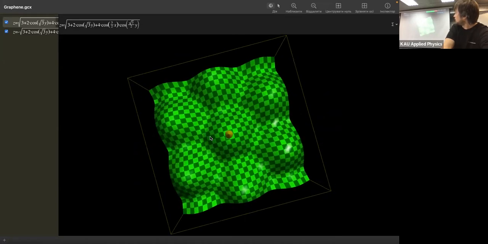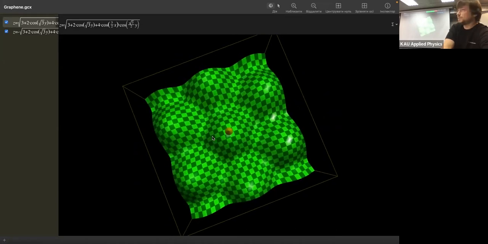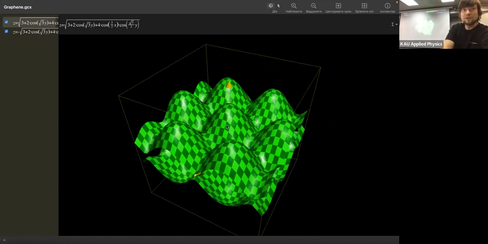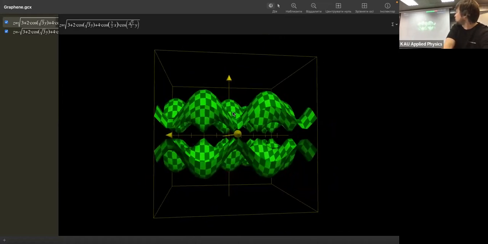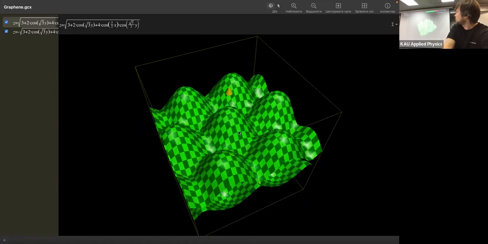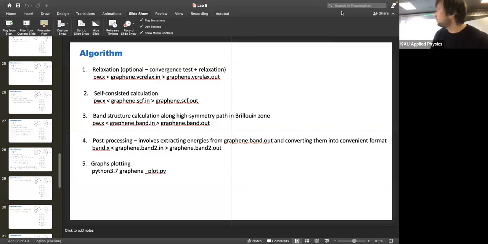So from this tight binding model, we got a very beautiful mathematical thing. You see the algorithm. First we have relaxation, and from relaxation we'll get the structure.